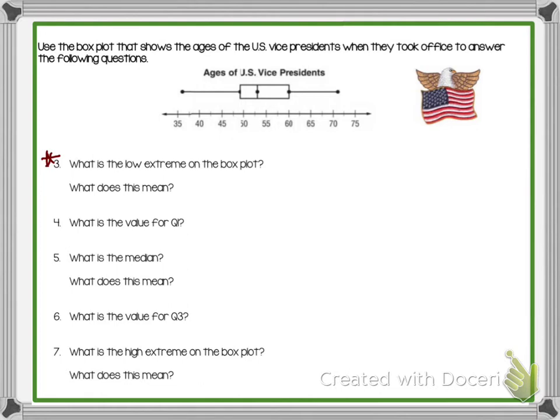But we can talk about what it means to be the low extreme. We just talked about it a second ago, on number 1. What does it mean? Yeah, when we use it in terms of ages, it is the youngest age that is not an outlier.